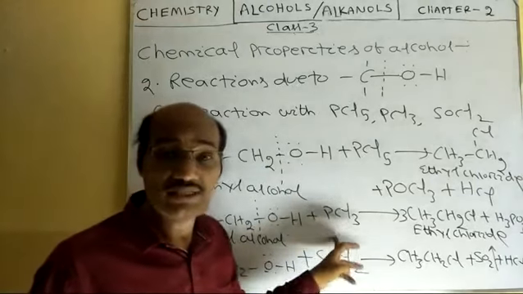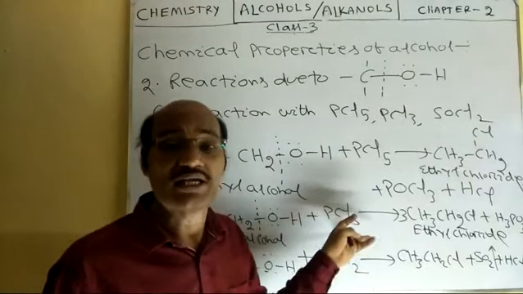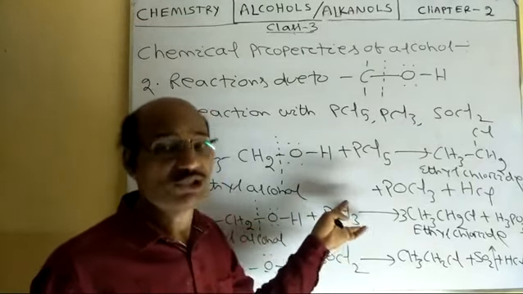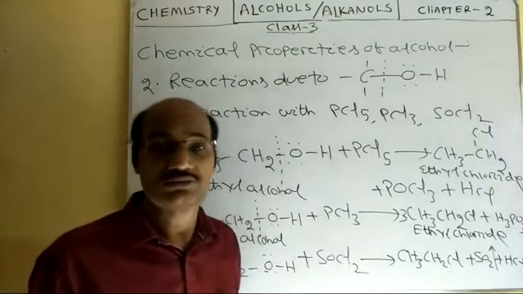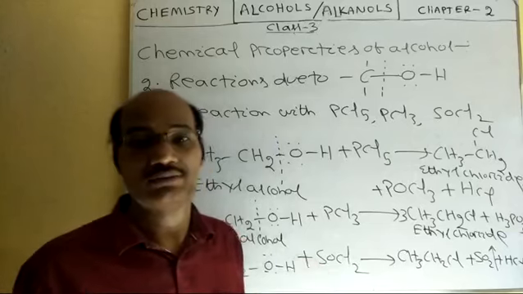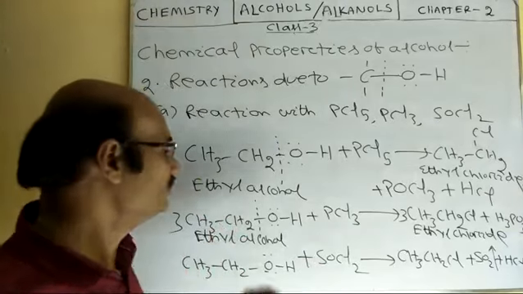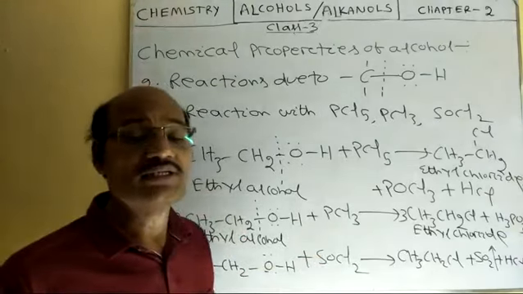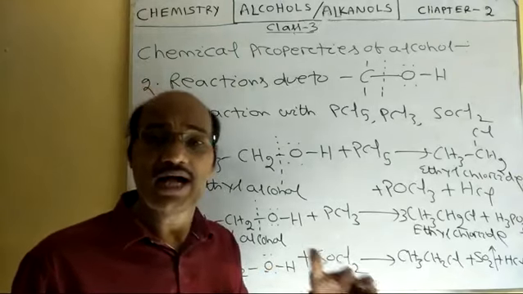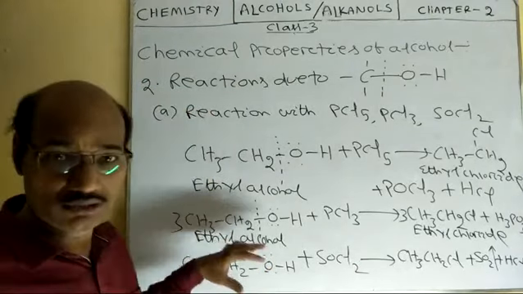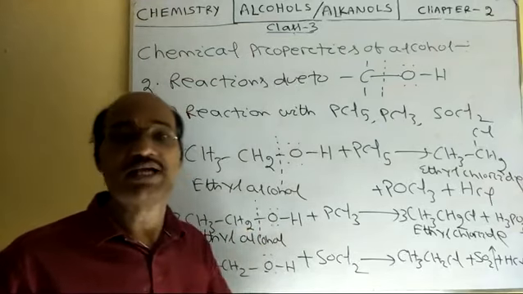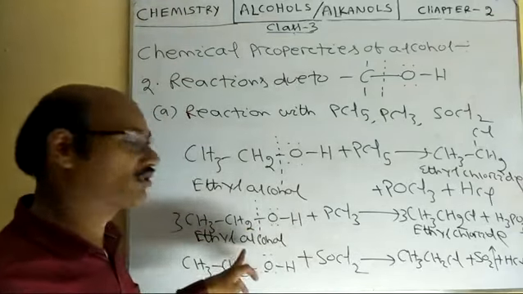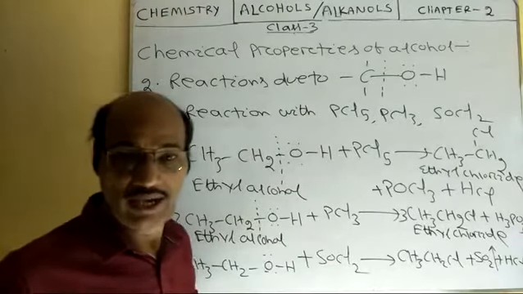But PBr3 or PI3 we cannot take directly, they are unstable. So we take red phosphorus and iodine. We put the red phosphorus and iodine in the reaction mixture, where PI3 is formed, and that PI3 will react with this alcohol to give the haloalkane.